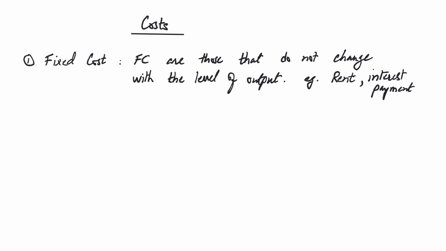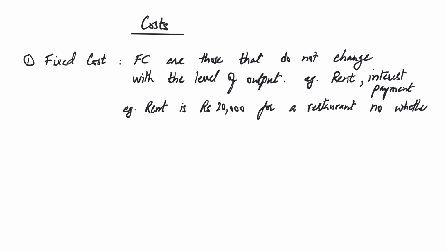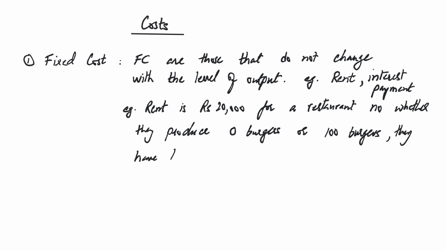Now the way to identify this is, for example, rent is ₹20,000 for a restaurant. Whether they produce zero burgers or 100 burgers, they have to pay ₹20,000.